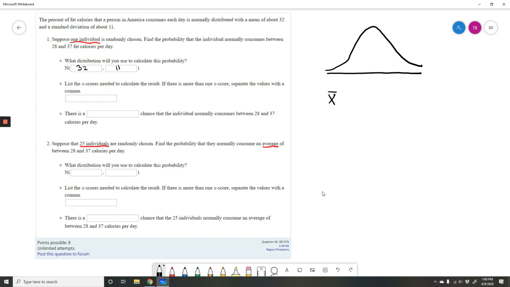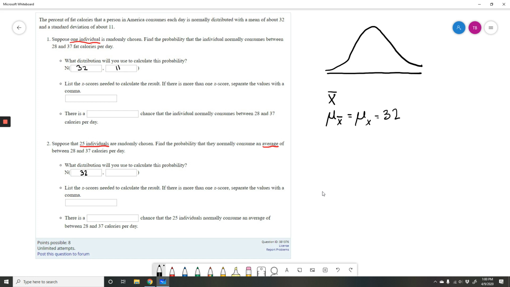And so we are going to need a mean that corresponds to that sample. In this case, the central limit theorem tells us that the mean of all sample averages is the same as the mean of the population originally. So that's going to be 32 still. When we're looking at the distribution, we still have a mean of 32 here.